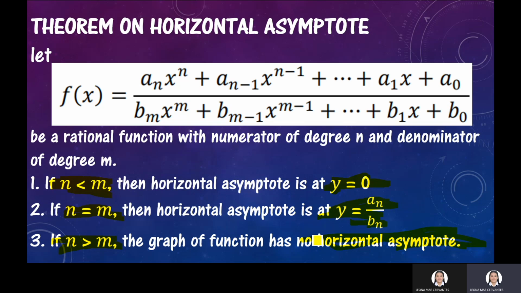Again, if n is less than m, the horizontal asymptote is at y is equal to 0. If n is equal to m, then the horizontal asymptote is at y is equal to a sub n over b sub n. If n is greater than m, the graph of a function has no horizontal asymptote. Next.